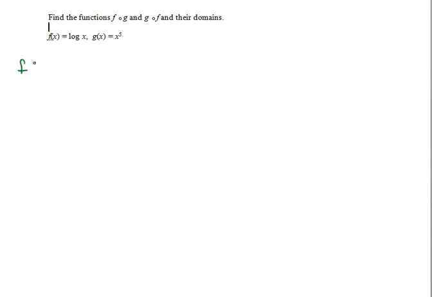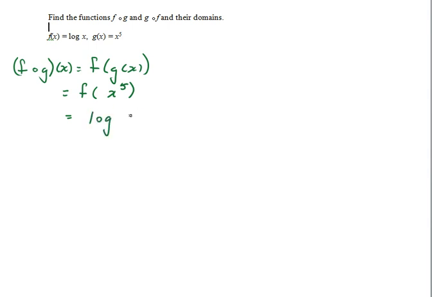So the composition of f with g of x takes x to what f takes g of x to, and g of x is x to the fifth. f is the common log, so we end up with the log of x to the fifth. So x goes to x to the fifth, which goes to the log of x to the fifth.